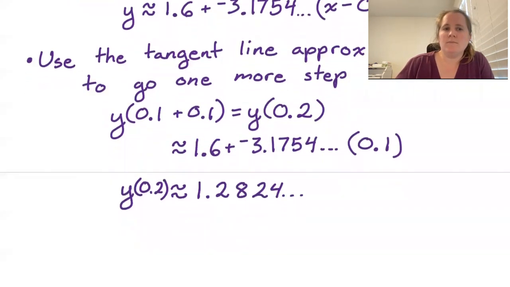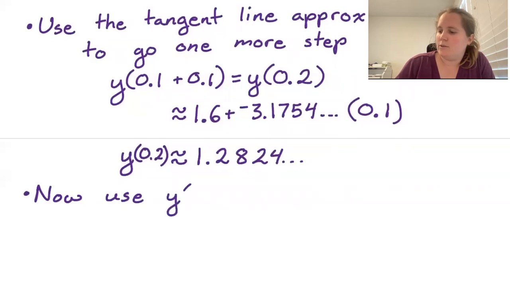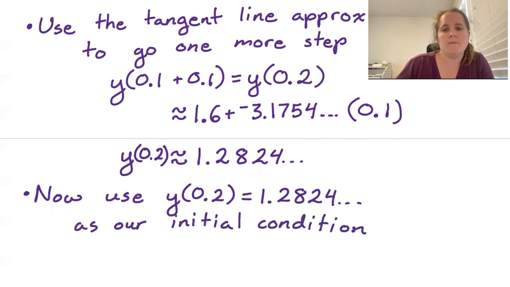So from here, we will now use y of 0.2 equals 1.2824... as our initial condition, and we'll keep going from there.